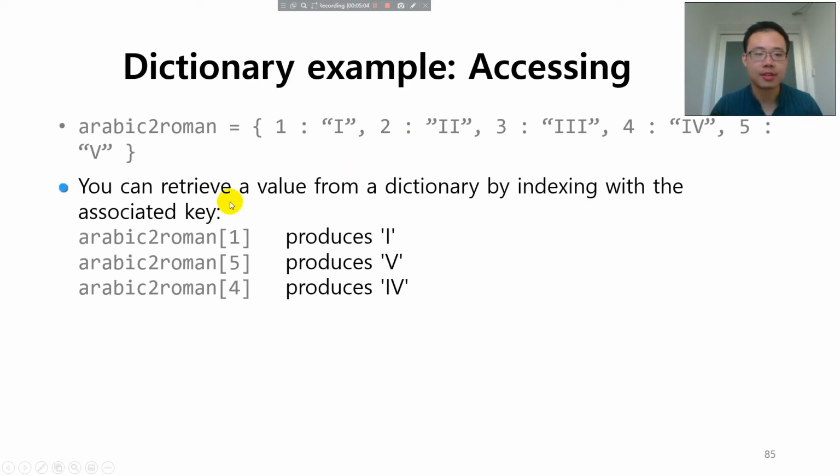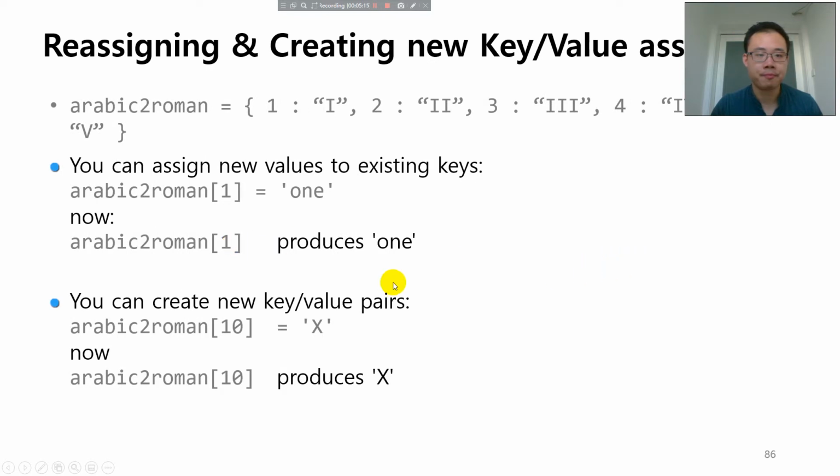This is accessing. That is, you need to put the key to retrieve the value by inputting the key. And you can also assign new values to existing keys. That is just to directly assign a new value to the key.